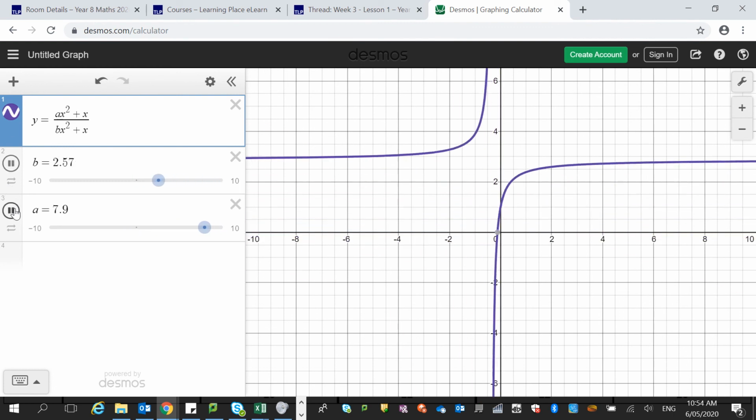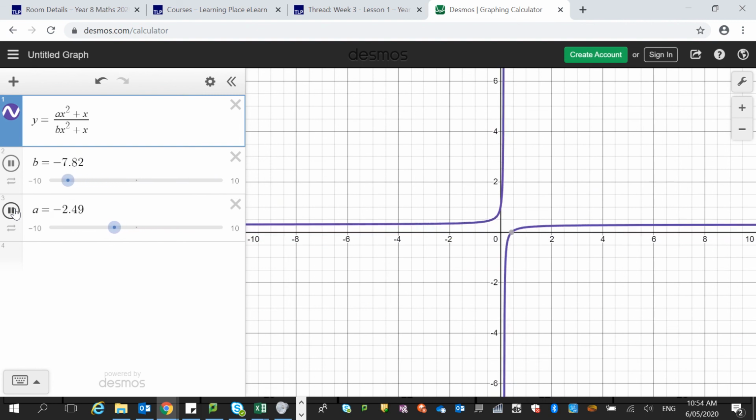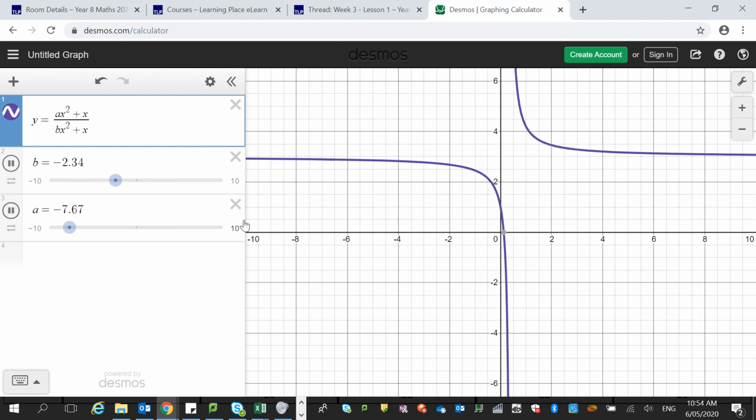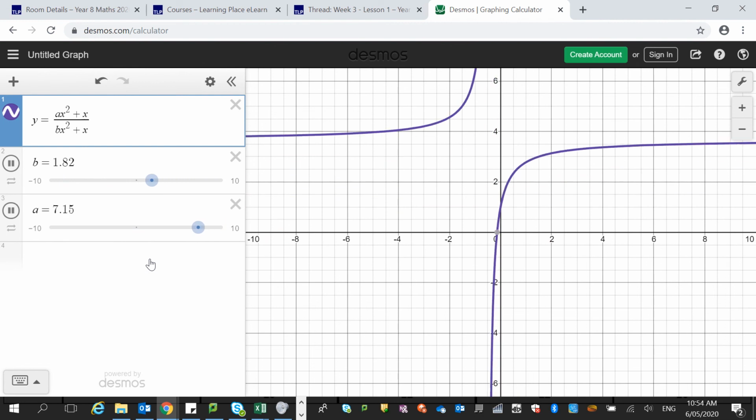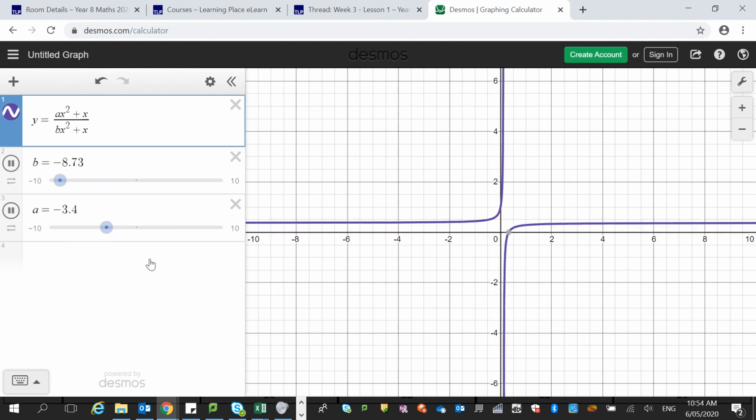So what we are seeing here is we are changing the horizontal asymptote as A and B change.